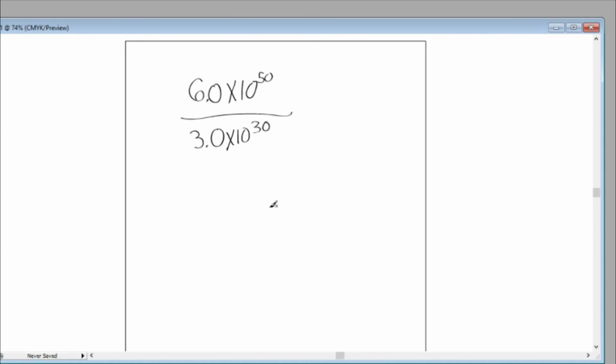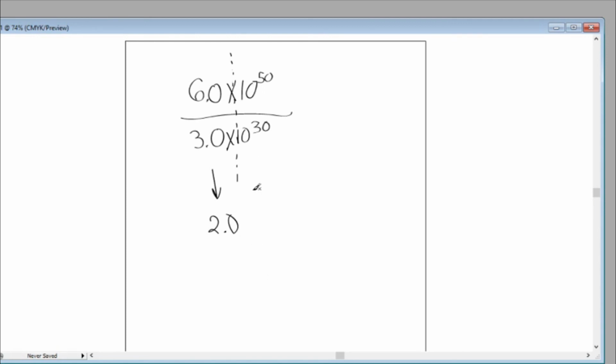Okay. Well, I can look at this as two different parts. I'll basically just split it down the middle here. This is 6 divided by 3. So this part, 6 divided by 3, is just going to give me 2.0.